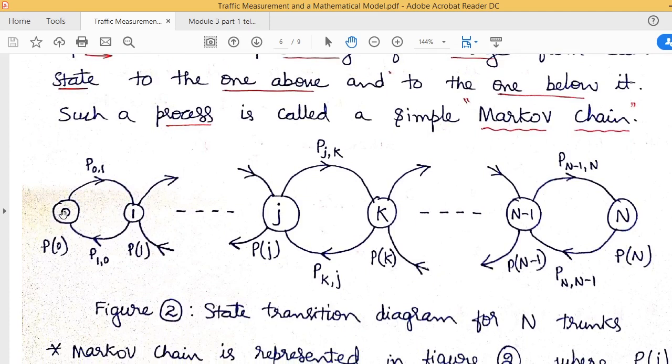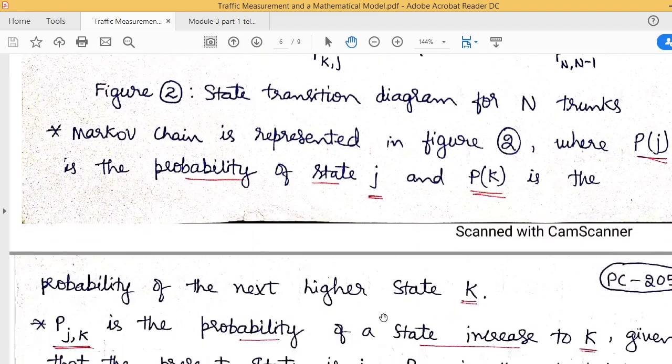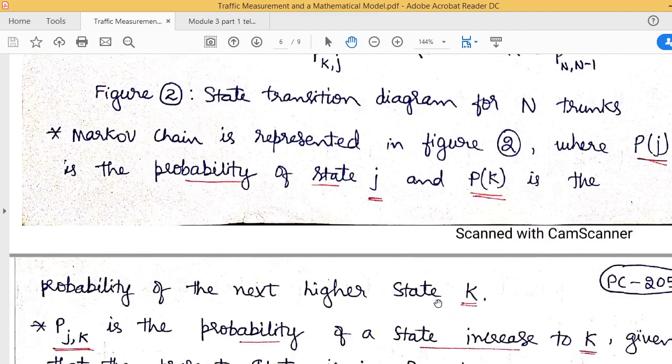State 0 indicates the probability of having 0 calls. This indicates the probability of having 1, probability of j number of calls, probability of k number of calls, like this. So P of j is the probability of state j. Similarly, P of k is the probability of the next higher state, that is k.